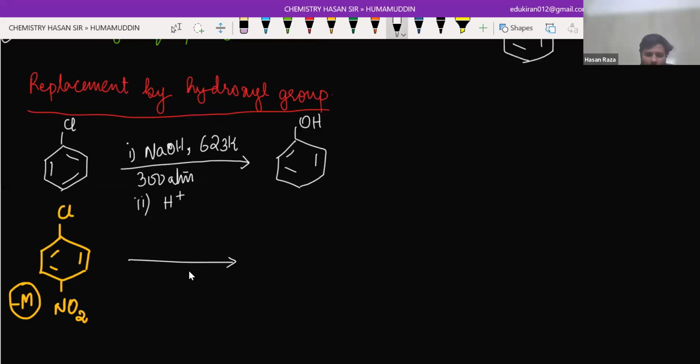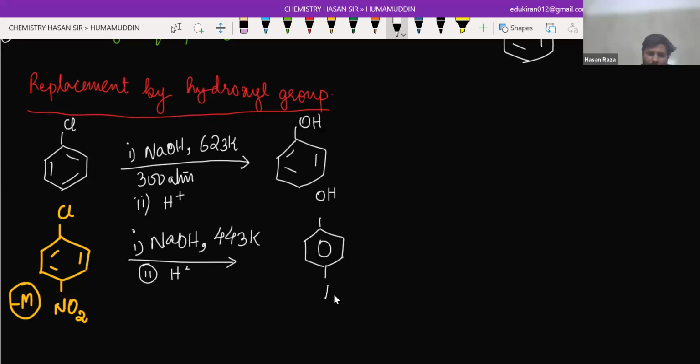And due to more reactivity, you can see in the next one that the conditions are lower. The temperature reduces, the pressure also reduces, H plus. So you will get this as this.